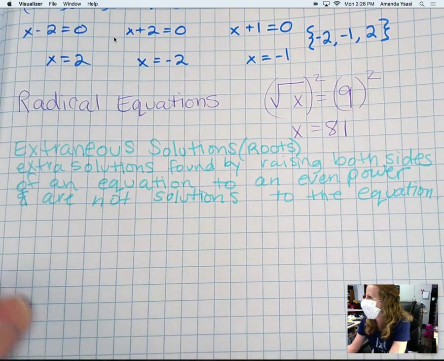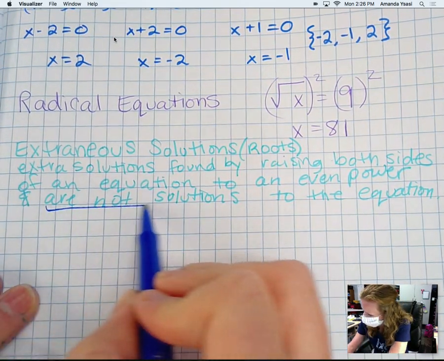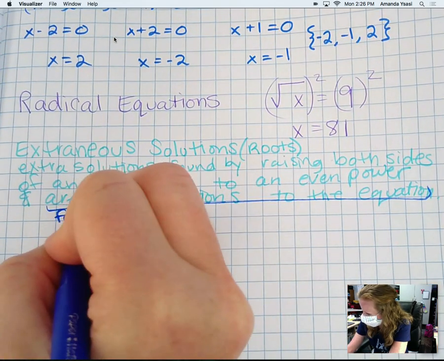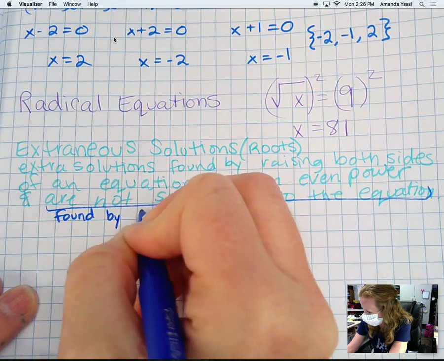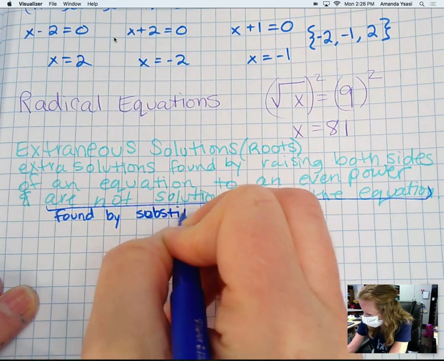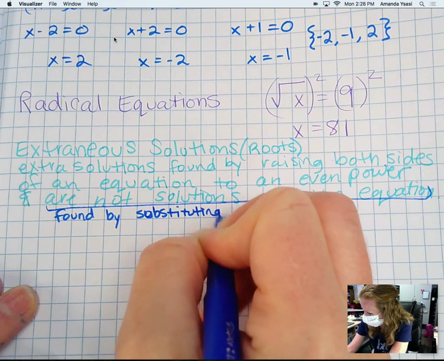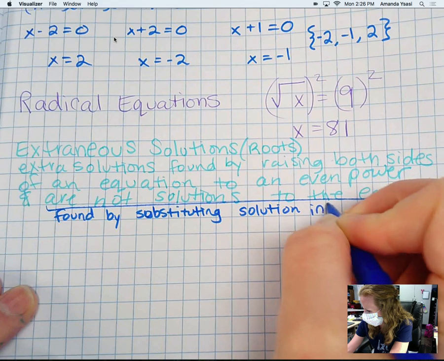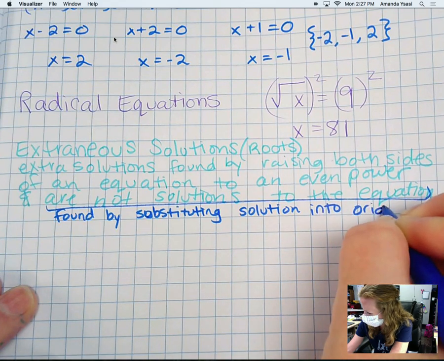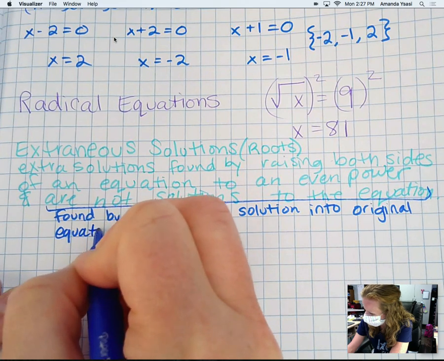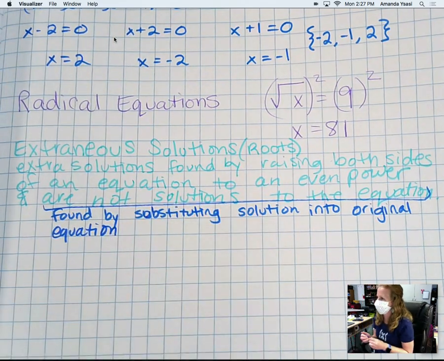And the way you know that they're not solutions is found by checking, or by substituting solutions into the original equation. So we've got to be careful with those extraneous solutions.